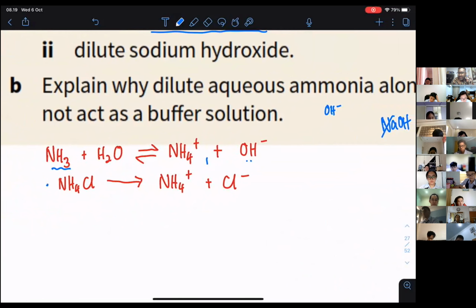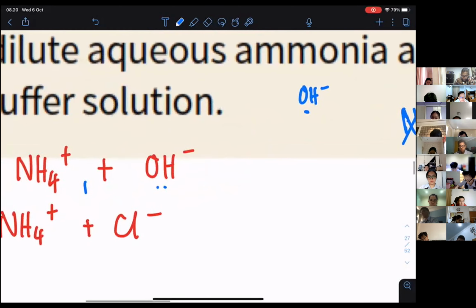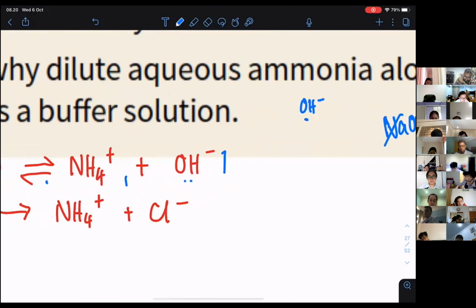Always look at the part that has the reversible reaction. If you miss this step, you will get very, very confused. When I add the OH minus, the OH minus concentration is increased.